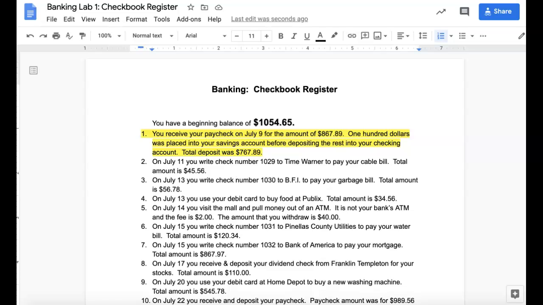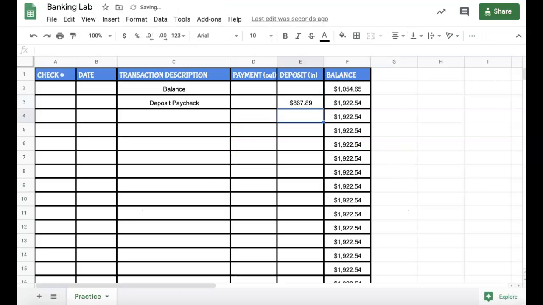And if you notice, because I put money in, the balance now went up automatically because we already had that formula in there. I believe the date was July 9th. And I only keep track of the check numbers if I write a check.